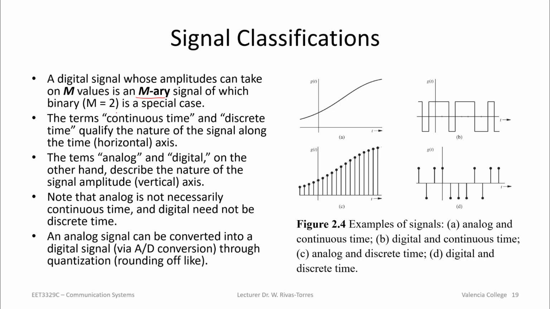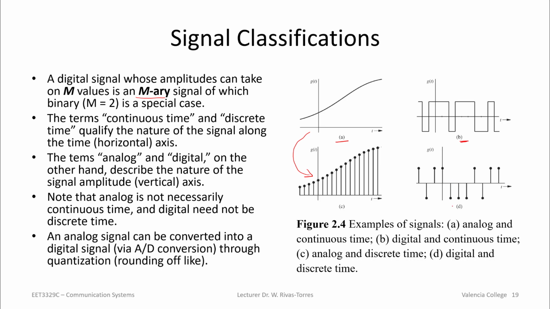Okay. So we have a few examples here. Here A is our continuous signal. B is a digital and continuous time signal. And then if you want to talk about an analog discrete signal, this is the one where we took the samples from this signal, okay? And these are the samples. So notice how we look at it at discrete intervals of time.